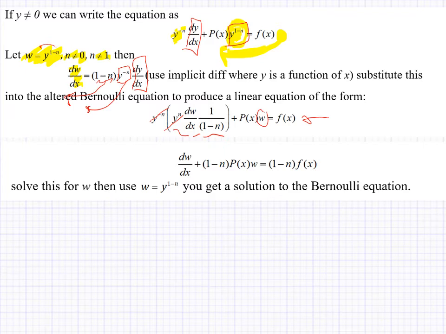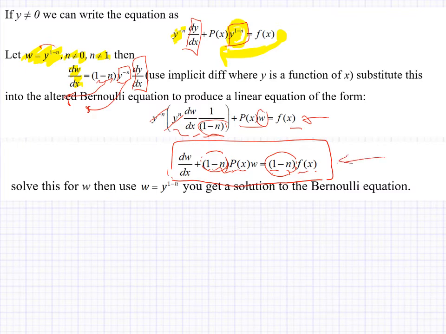I could then multiply through by 1 minus n here and here, giving us this and this. And if you look at the equation that we're left with, that equation is now linear, where w is the dependent variable. We still have x as the independent variable, f of x. Remember, n is just a constant, so that's a constant, that's a constant. And so in terms of w and x, this is exactly the form of a linear equation.